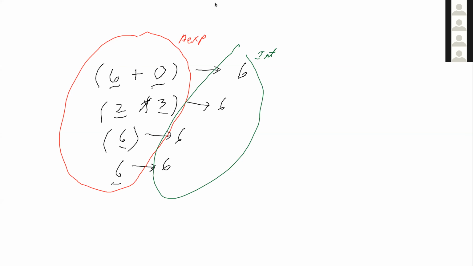The thing to keep remembering, and I know it's a little annoying, is that they're trying to break you of the habit of thinking of it like this: arrow is a subset of AEXP, of A expression cross int.